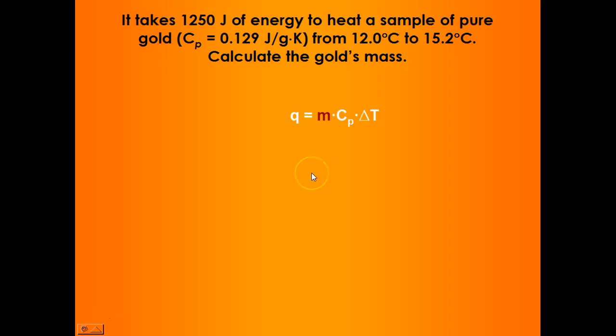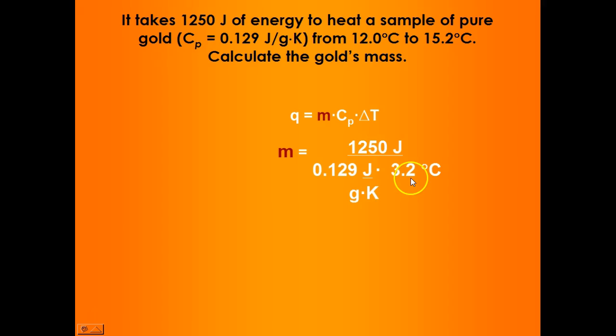So the first thing we're going to want to do is identify our Q, which is our 1250 joules. We're going to divide it by our Cp as well as our delta T. So our Cp is the 0.129. Sorry, the m didn't come up sooner. And then our delta T is the difference between the 2 temperatures, which would be 3.2. Notice again the temperatures are in Celsius. The Cp is per unit Kelvin, but because these are both representing changes in temperatures, we can use these to cancel the units out.